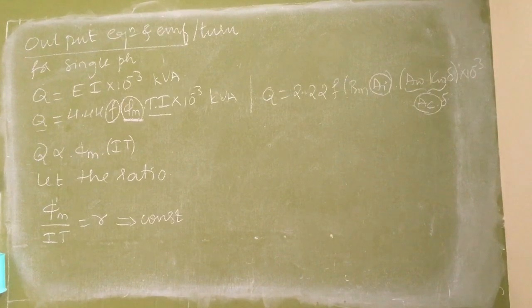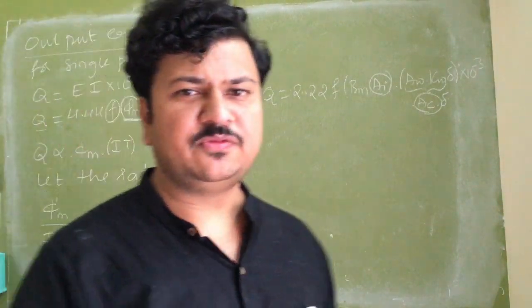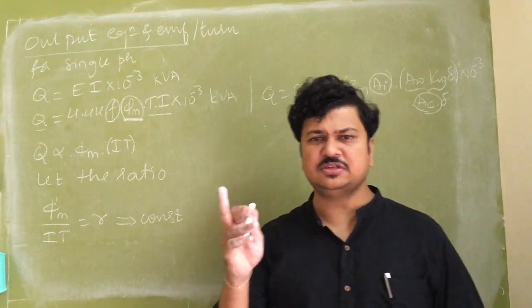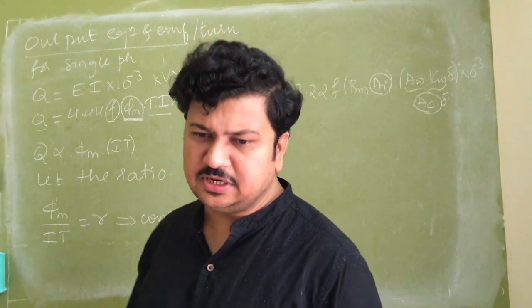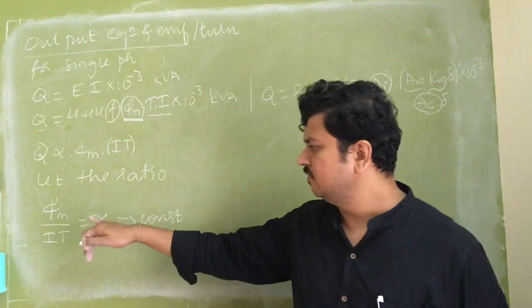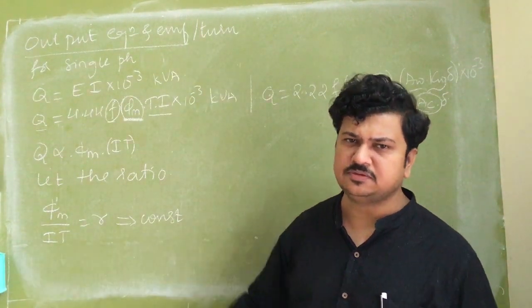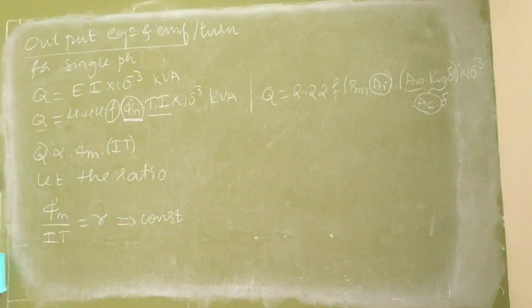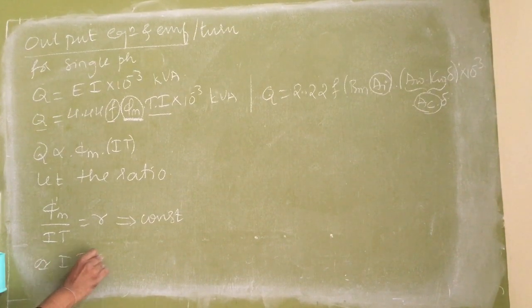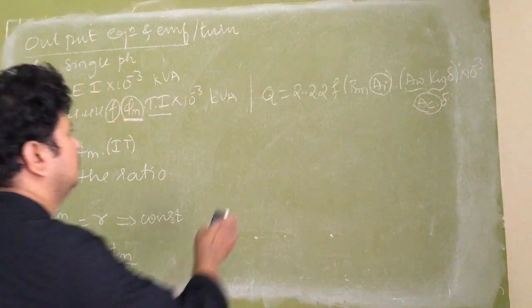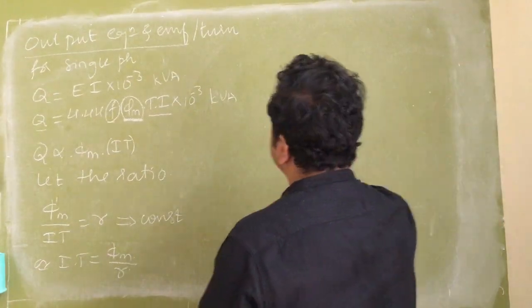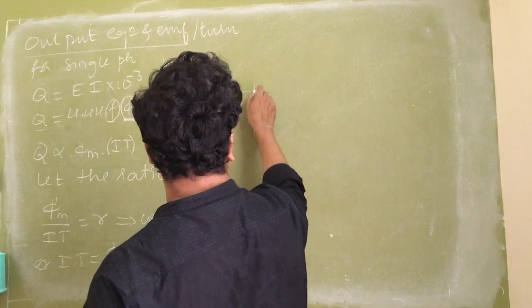This will be a constant for any given type of transformer and any given service conditions. For any given service conditions and type of the transformer, my ratio of flux to ampere turns will remain constant. Or IT is equal to phi m upon R. Take this as equation 1.